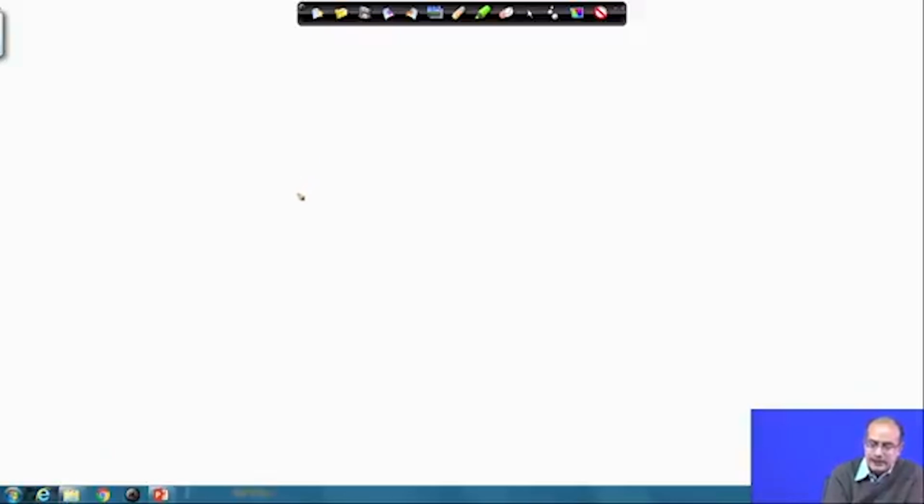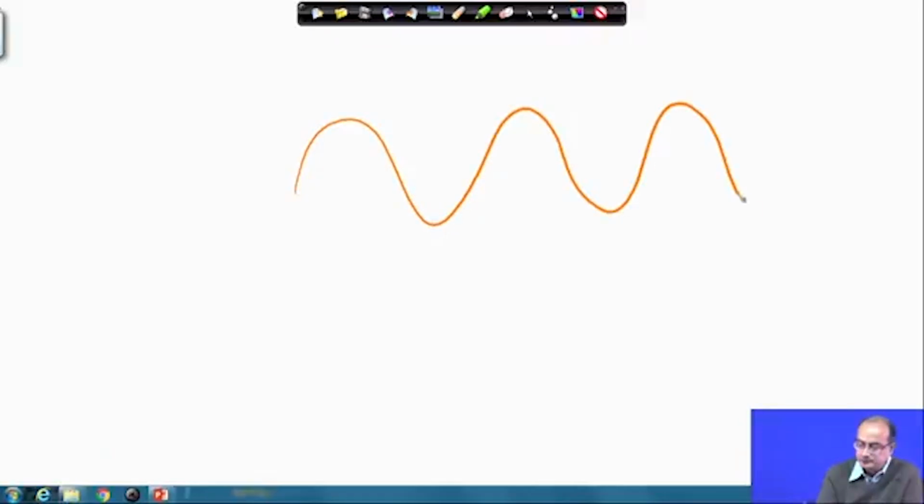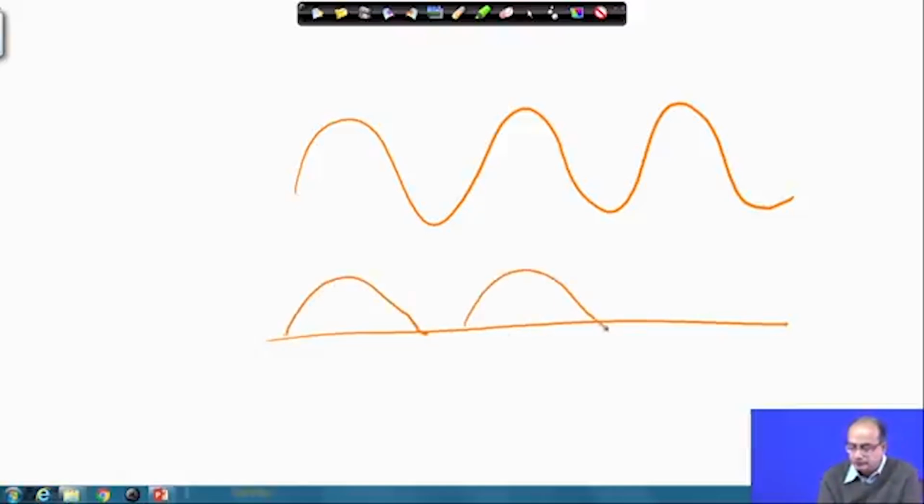Let us take a sinusoid, a sinusoidal signal. Now, if we have half wave rectification, the output would be like this, and after the filtering we will get this kind of signal.